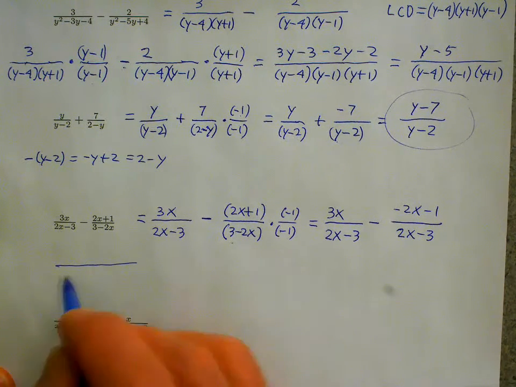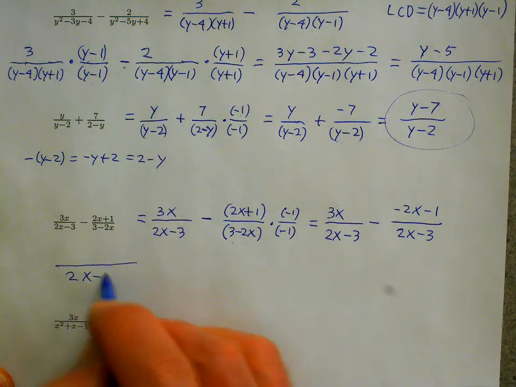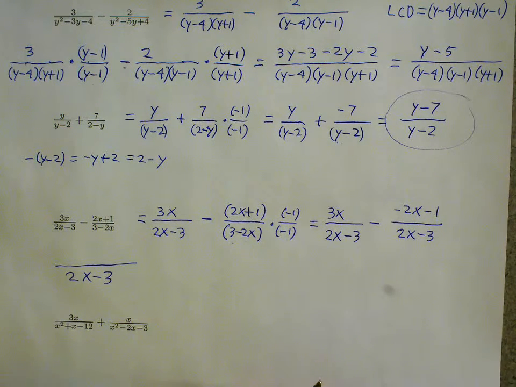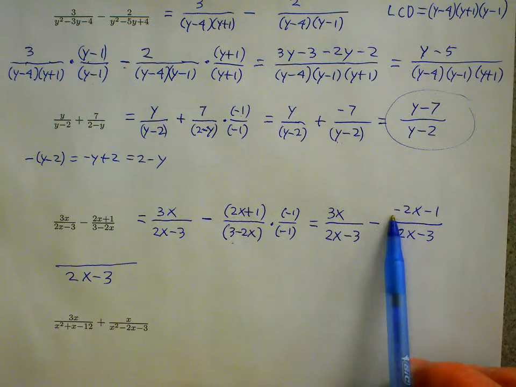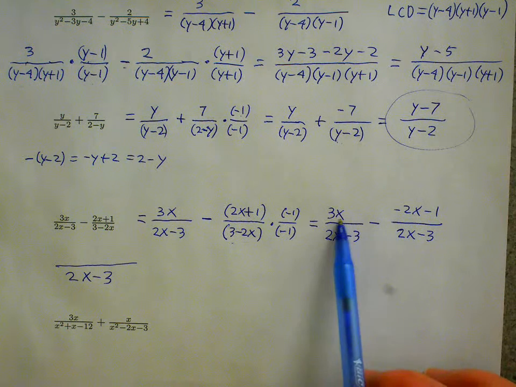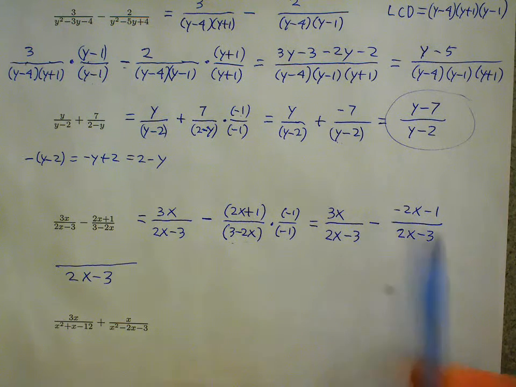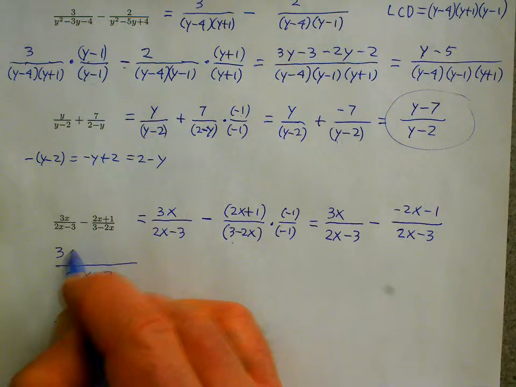Okay, so with the common denominator 2x minus 3, be careful. Up here we have 3x minus -2x. And 3x minus -2x is equivalent to 3x plus 2x.